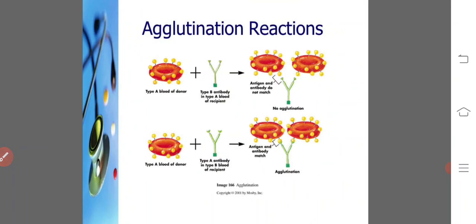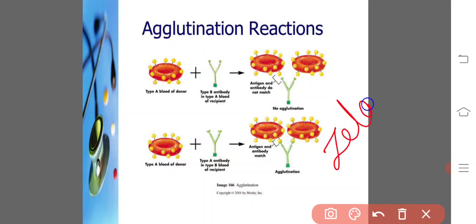And one more thing you have to observe, zeta potential. Zeta potential can be explained as follows: the surface of certain particulate antigens may possess an electrical charge.